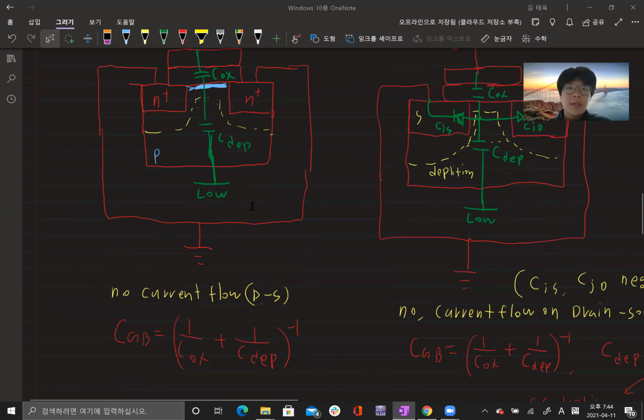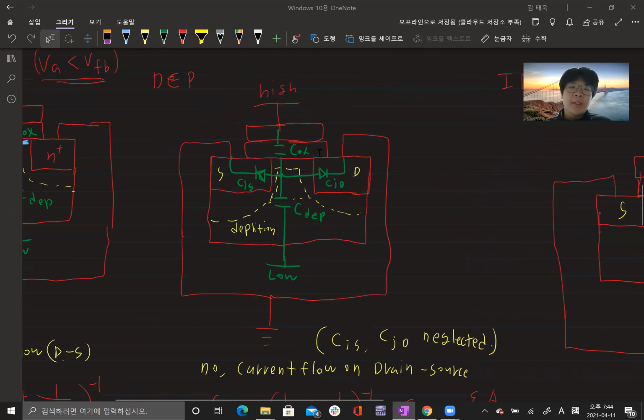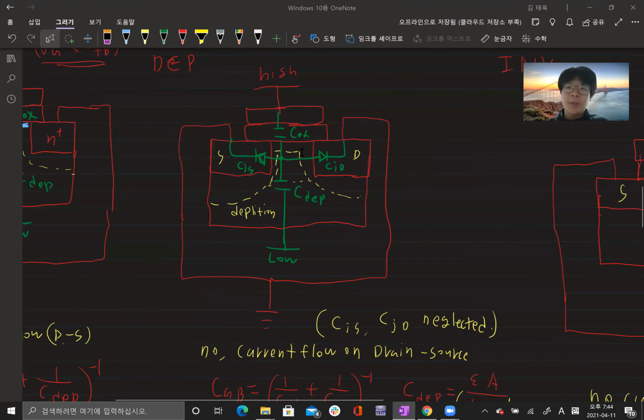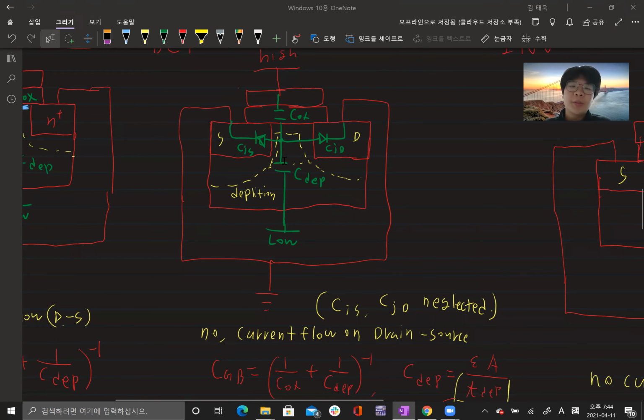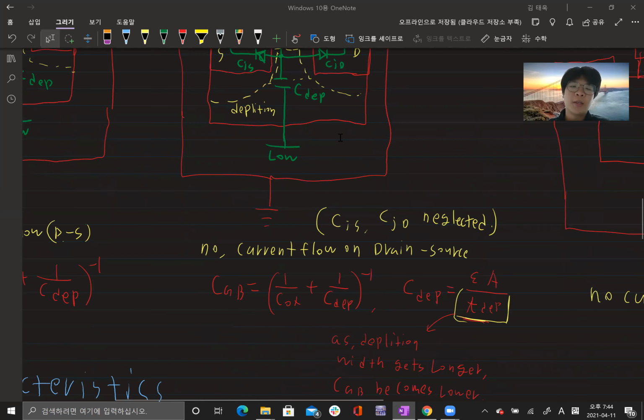And in the depletion region, all kinds of capacitance would exist: oxide capacitance, junction capacitance, depletion capacitance. However, there is no voltage drop across the channel because we grounded source and drain. So the total gate body capacitance would be in here.